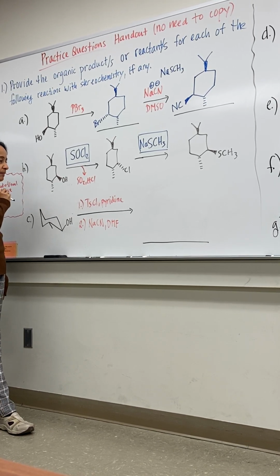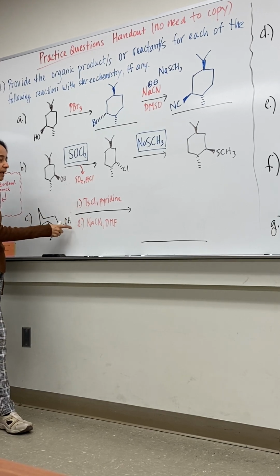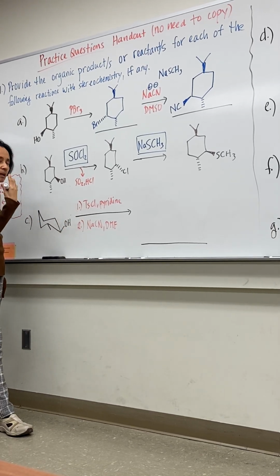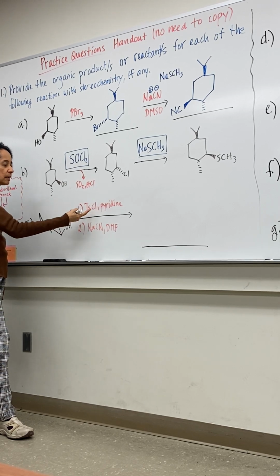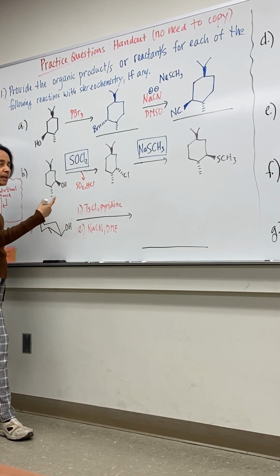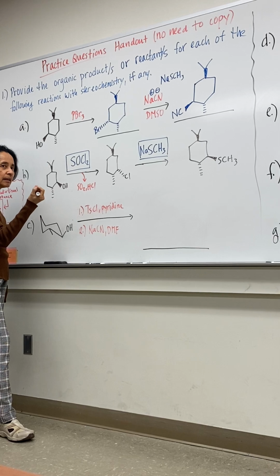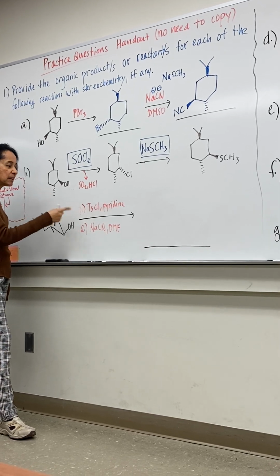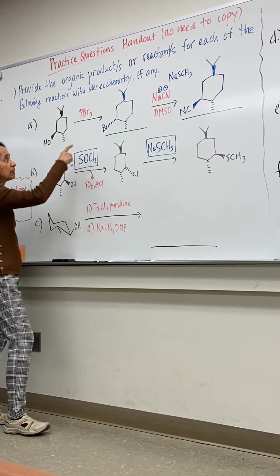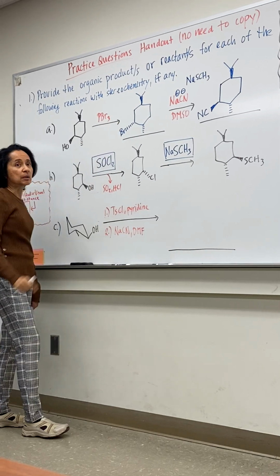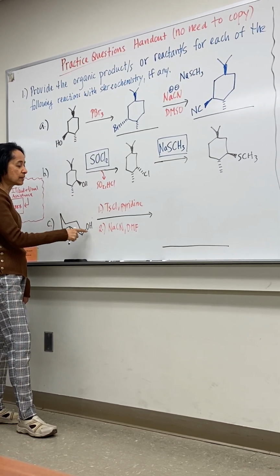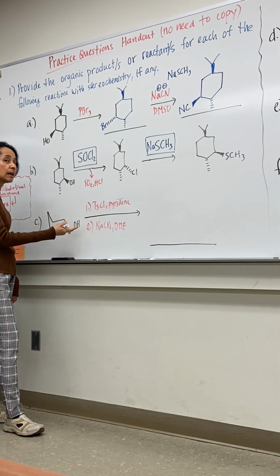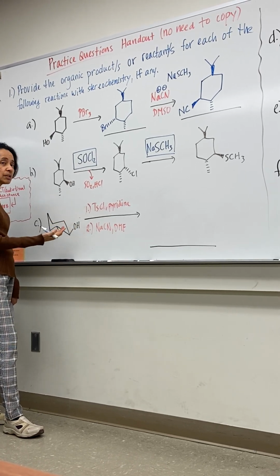This one takes in the H, so maybe one way to think about it is the H and the Cl will combine to make hydrochloric acid. But that's the first step. So it kind of combined this and that one, right? So the H and the Cl combine, therefore the TsO goes in here and replaces the H.